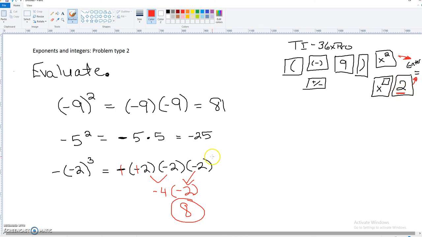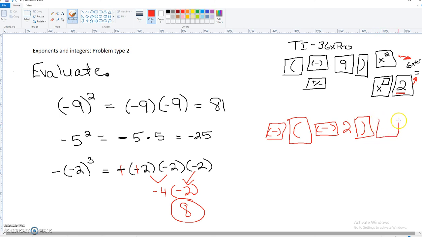For this bottom one, you'd have to press your negative sign button first. Then you'd press your parentheses, and then again your negative sign, and your 2. Close your parentheses.